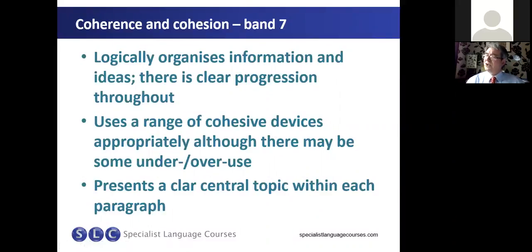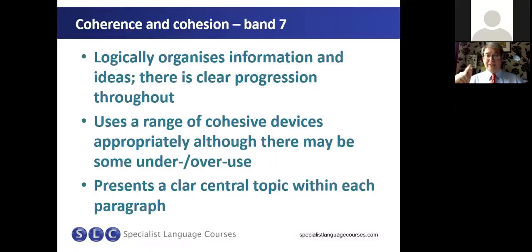You can also use cohesive devices to raise awareness of the importance. You could say, however, the main point is, and then I know that, oh, this is very important. This is the main part of the essay. Or something like, there are many different colors available.